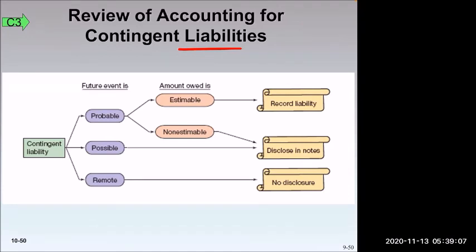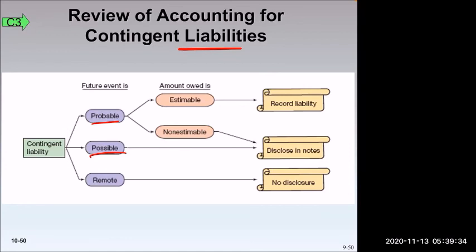Either it's a ridiculous lawsuit that has no merit and it's not going to go anywhere, or it's possible that this lawsuit could end up with me owing some money, or it's probable. Each one of these scenarios leads me to a different necessary disclosure or recording.